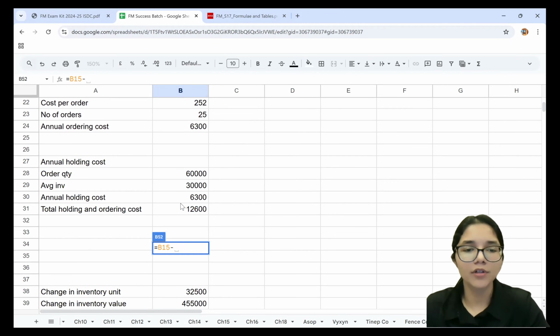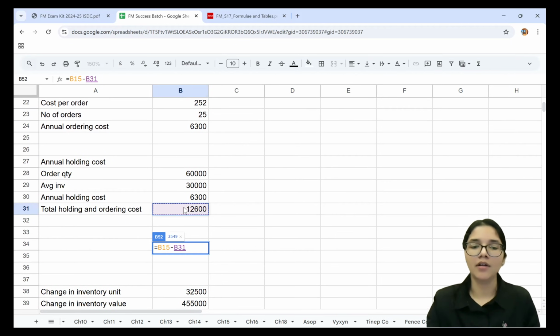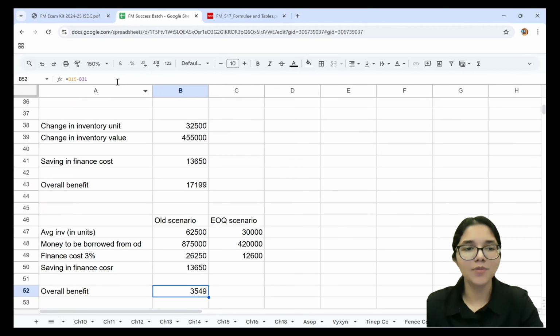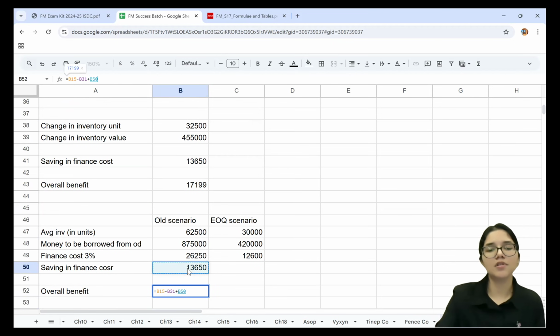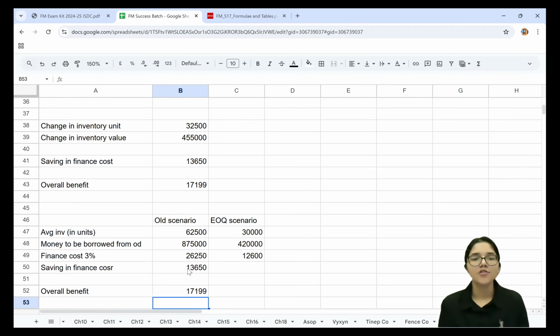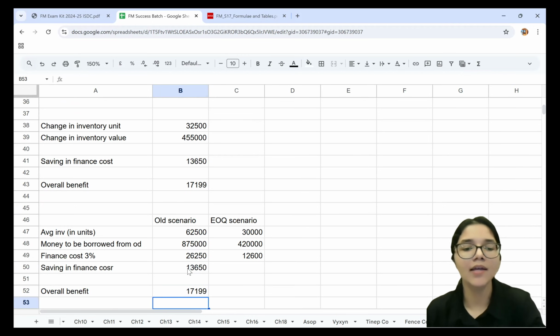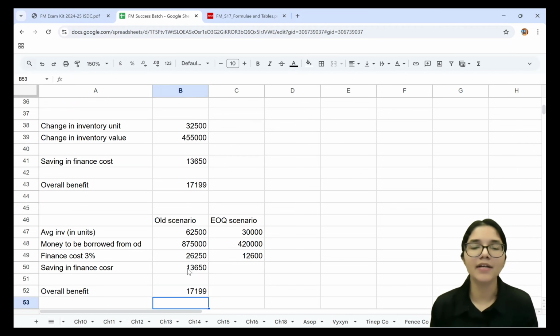Now your cost is going to look like 12,600. So firstly, you saved this much money, and then you saved with respect to the finance cost also. So this is 13,650. Overall, the net effect will be that you as a business end up saving roughly $17,200. So this is how you will answer the second part of the question.